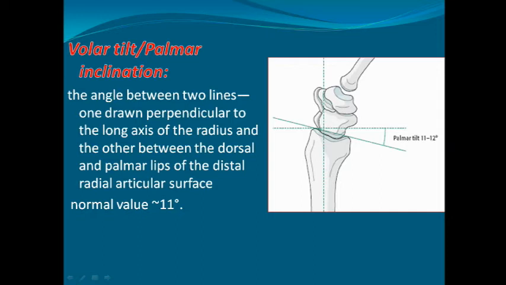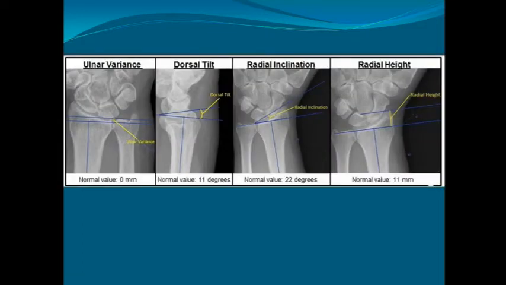Very simple. This is the dorsal tip of the articular surface, this is the ventral tip. You join this line, and with this right angle, the angle you form we call palmar tilt. It is usually 11 to 12 degrees. So these are the four you can see on X-ray: ulnar variance, palmar tilt, radial inclination, and radial height. You can appreciate them better because these are radiological assessments.